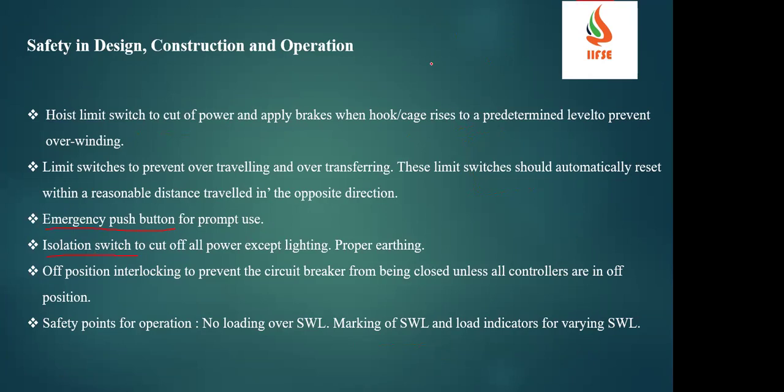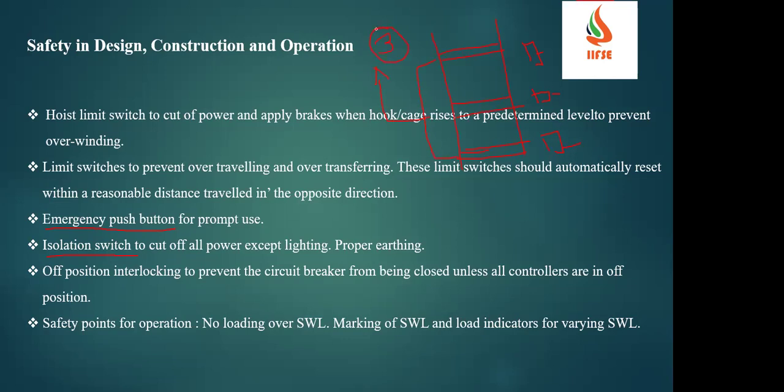For example, on one floor there will be multiple cranes, say 3 cranes. These cranes will have 3 different pendants with different emergency buttons. Apart from this, there is one supply which can isolate all 3 cranes. That kind of arrangement should be there.